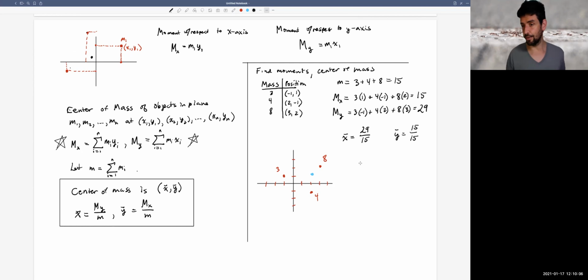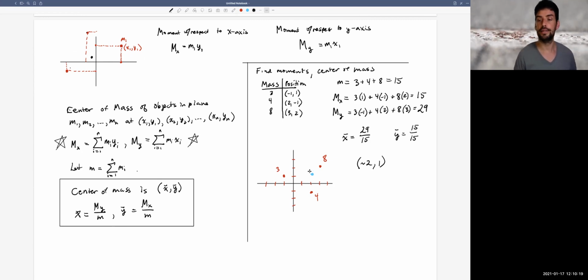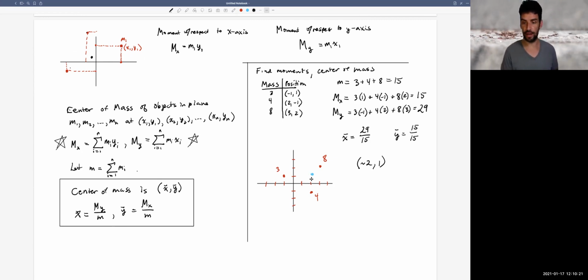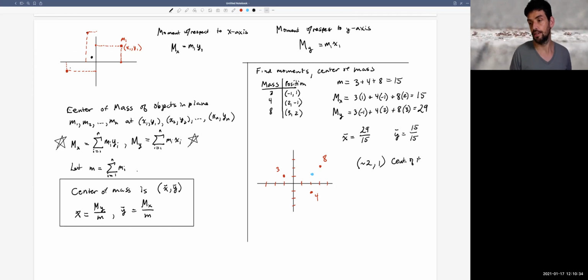So let's give approximate coordinates. 29 over 15 is just about 2. I'm just going to write about 2 and then 1, right? These are exact fractions. I just want to use this to see how it works with my eyeball, and you can see my eyeballing was right at about 2, 1. I'd written it a little bit too far to the right and a little bit too high, but close enough for that eyeball approximation. And so this is our center of mass for the system.